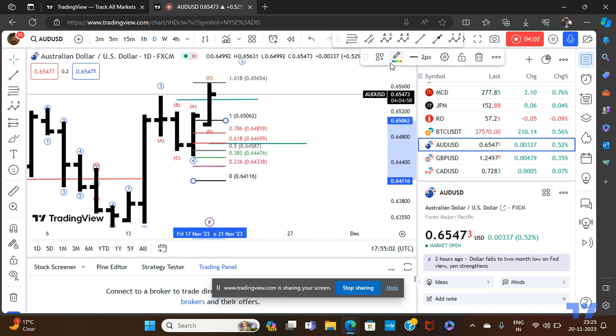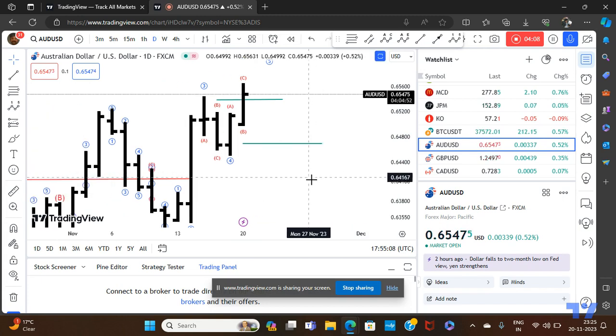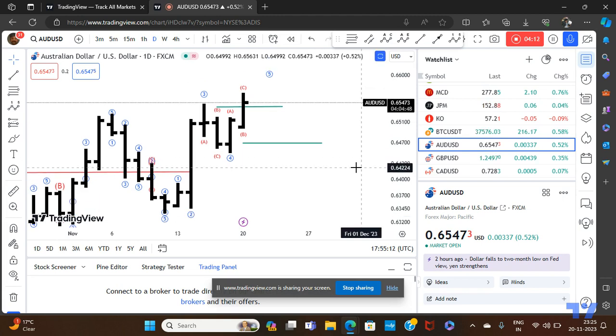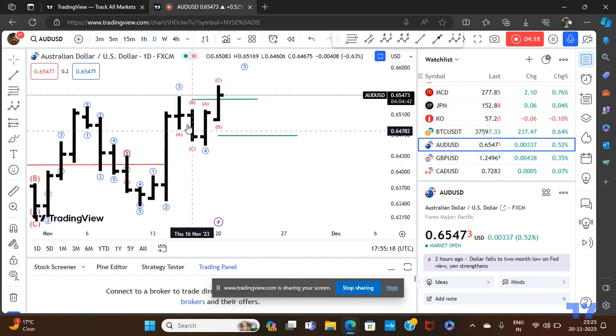The alternative wave count is this, that generally those people who practice wave theory rely more on ratios. They rely more on Fibonacci ratios. So if I see the Fibonacci part, then this much retracement is more than 38%. So fourth wave retracement can go up to 38 to 61%. That is the limit.